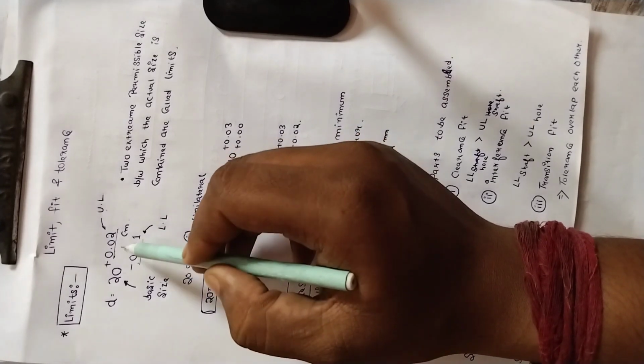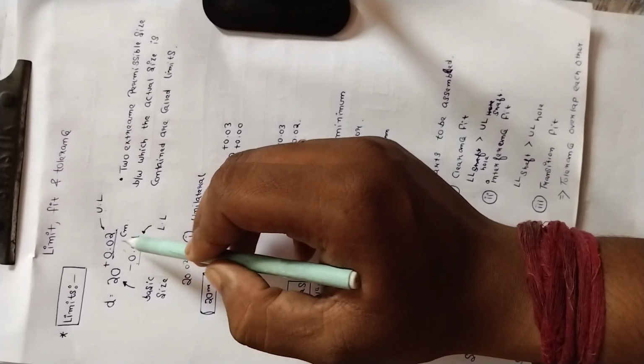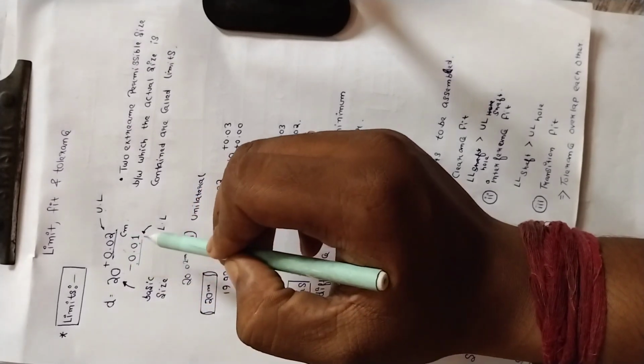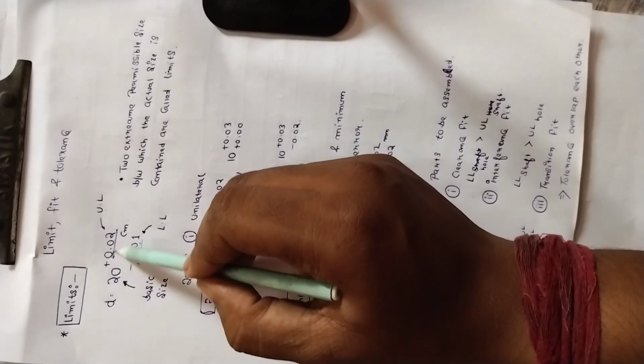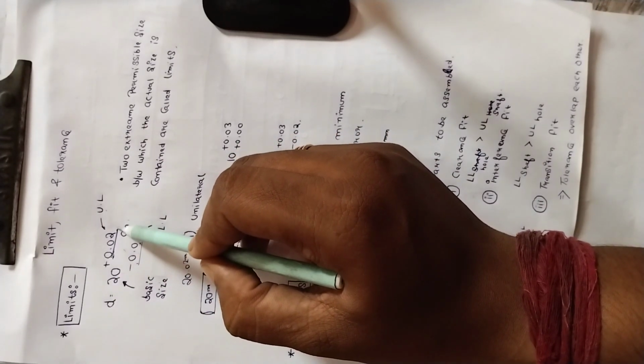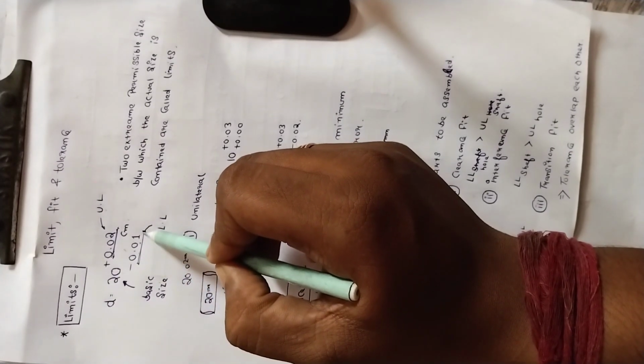So it is a minimum value, it is a maximum value. In between these two limits we have to manufacture our shaft or the product. This is called the upper limit, the maximum value, and this is called the lower limit, the minimum value, right?